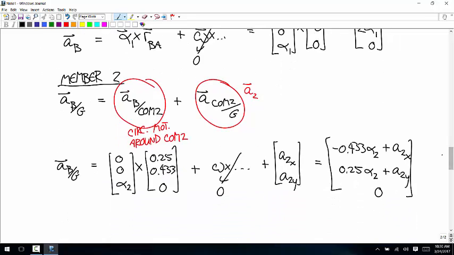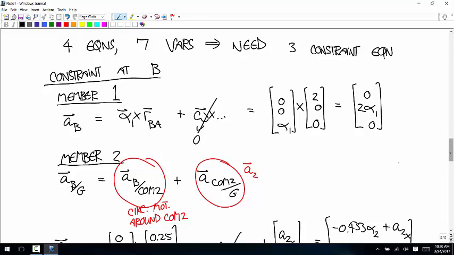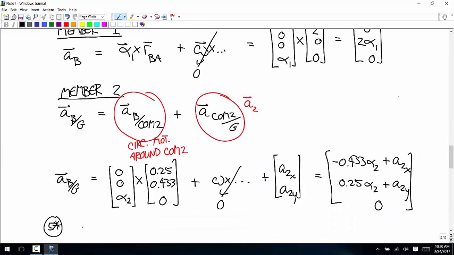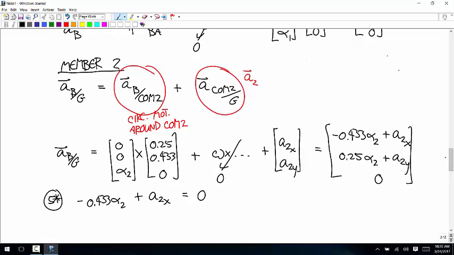So our constraint equations: equation 5 star we get from setting the x components equal. So negative 0.433 alpha 2 plus A2x equals 0. And then equation 6 star we get from setting the y components equal.